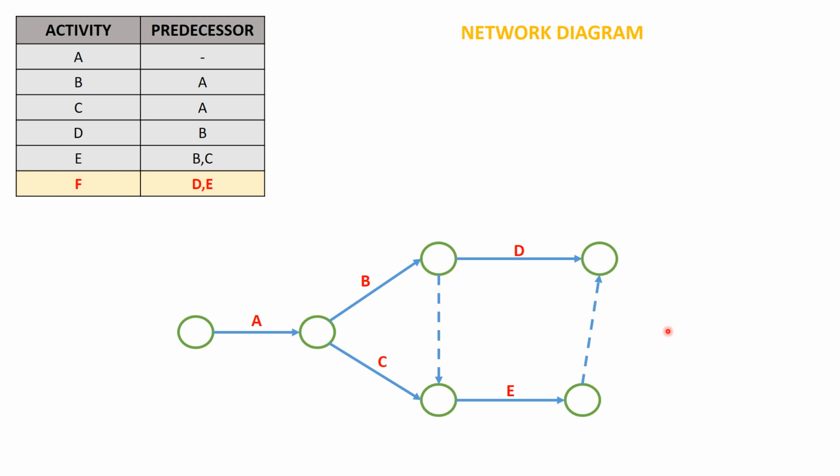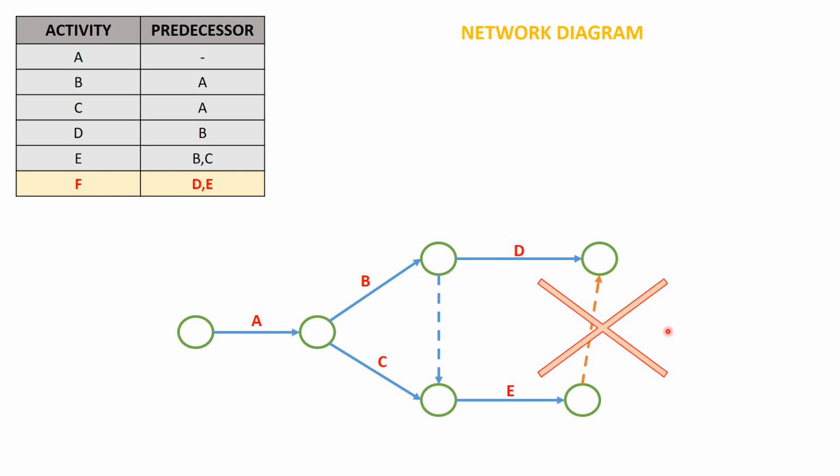And in order to determine the critical path, determine the total duration of the project, etc., it becomes very difficult to trace or to track the activities if we have unnecessary dummies in our network. So for that reason, we have to see to it that we avoid dummy activities as much as possible and use them only when it is required or only when it is necessary. So this unnecessary dummy should not be used.